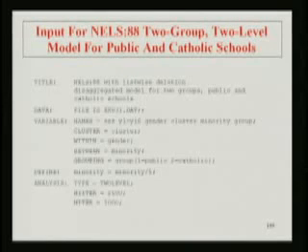Then we label these groups because we need to refer to them in group-specific model commands, so they have to have a name. We say here that for the variable group, values of 1 we're going to label public, and values of 2 we're going to label Catholic. So our grouping variable is school type, public versus Catholic.